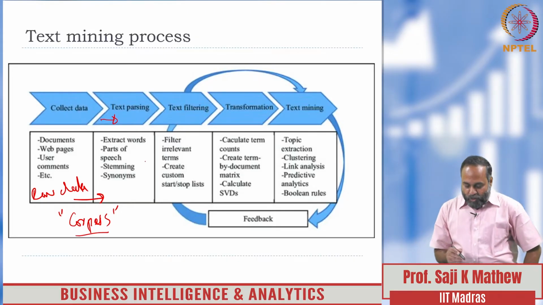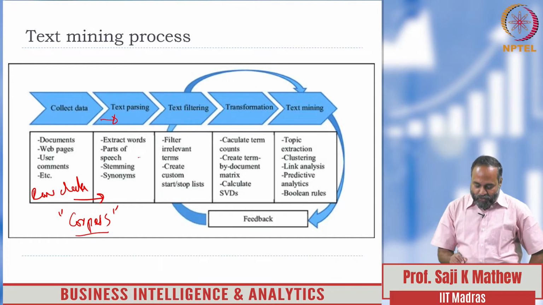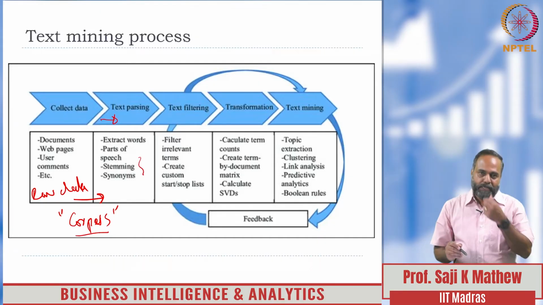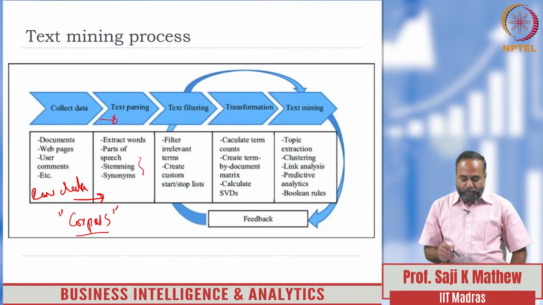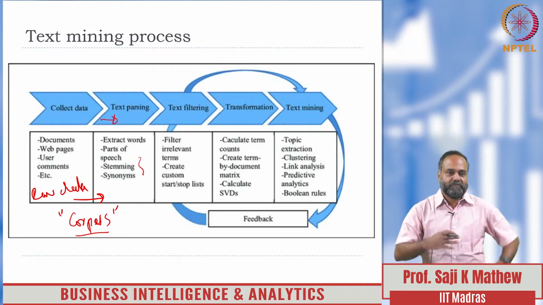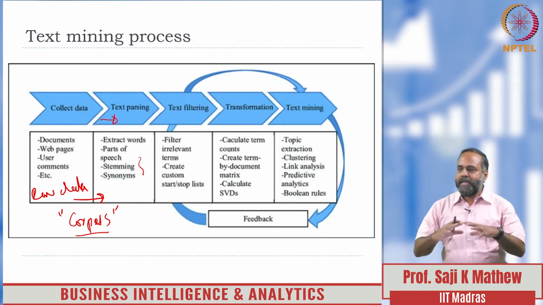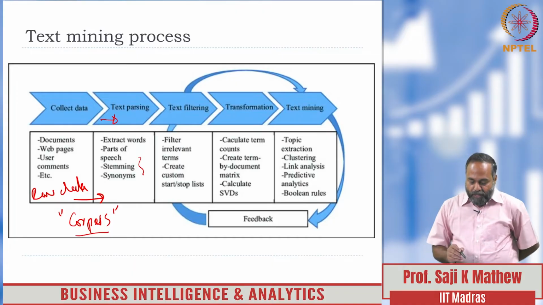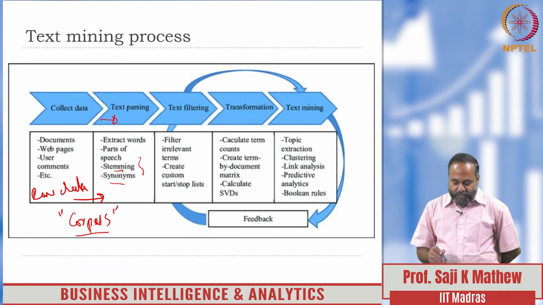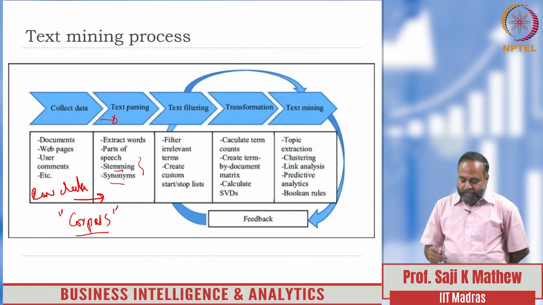There could be many parts of speech, but there are standard parts defined for text mining purposes to parse, or break, a text into its parts. There are other techniques like stemming, identifying synonyms, etc. We will come to that in the next slide.